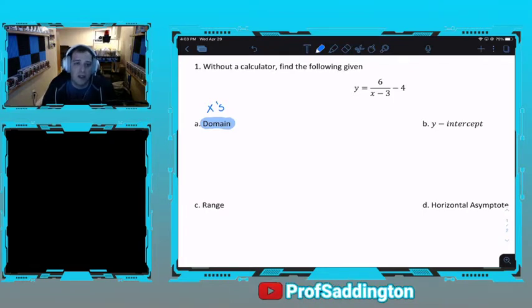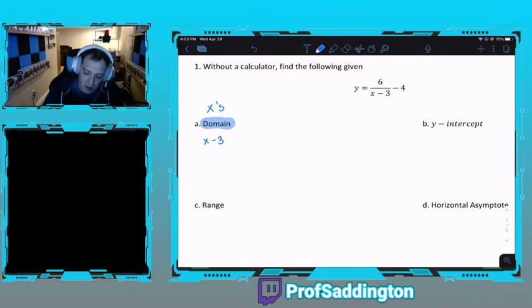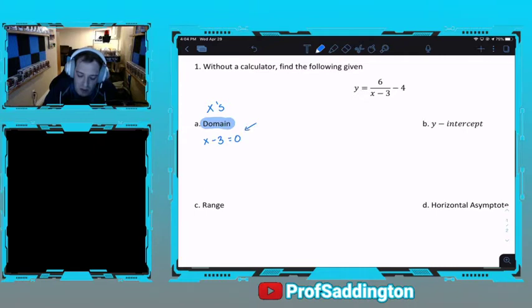So you may recall that in order to find the ones that don't work, we're just going to look at the denominator of the fraction. So I'm just going to look at that x minus 3. And the only number that cannot work in the bottom of a fraction is if the answer is equal to 0. Because if it's equal to 0, we said that this means it's going to be undefined.